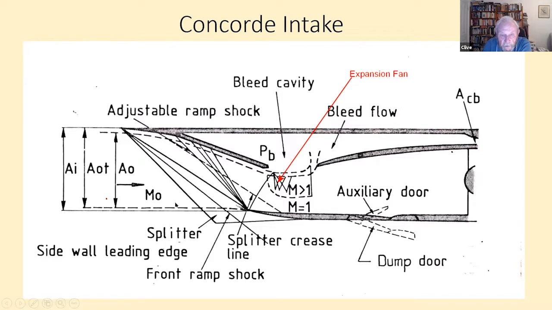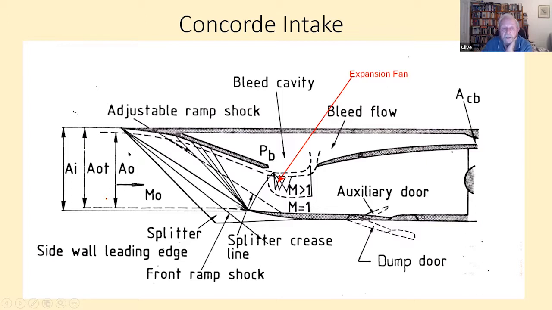Some of it is spilled externally, and so we get external spillage there, and the actual air that goes into the intake is rather less. When you get inside that, you find that some of the air is actually going to go into the bleed and not to the engine, and so the engine actually gets this bit.